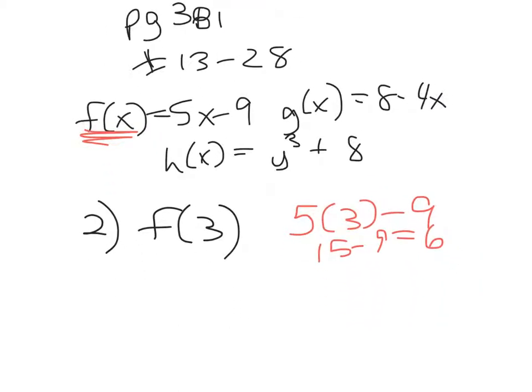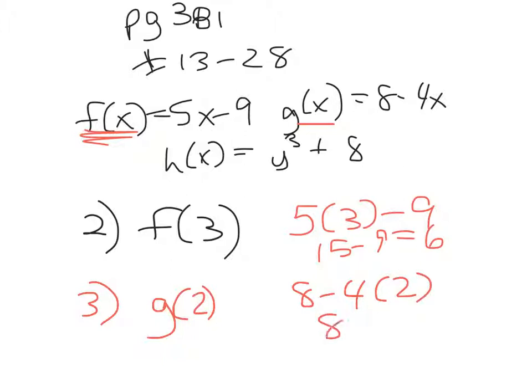Then number 3 might say, find g of 2. And then you'll go back up, find the g function, and then plug in 2. And then do order of operations, and you get 0. So that's what you're going to do on 2 through 7. You're going to find the function and plug in the number, whatever's in the parentheses, for x.